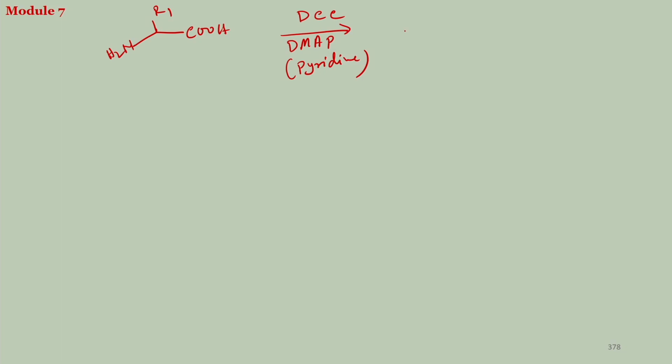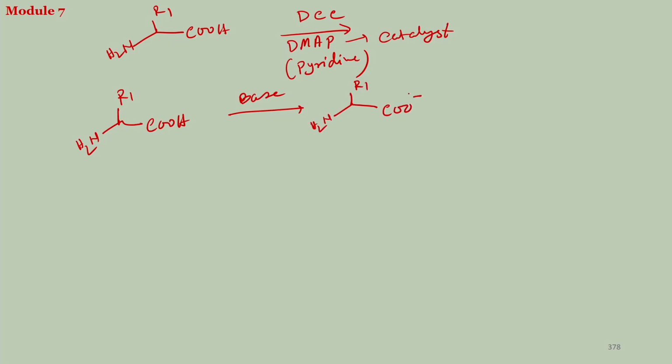So, at first what happens, because of the presence of the base, and DMAP is used as a catalyst. You do not need equivalent quantity, you need just a little amount of it. So, in presence of the base, which is DMAP in this case, you get an anion here.